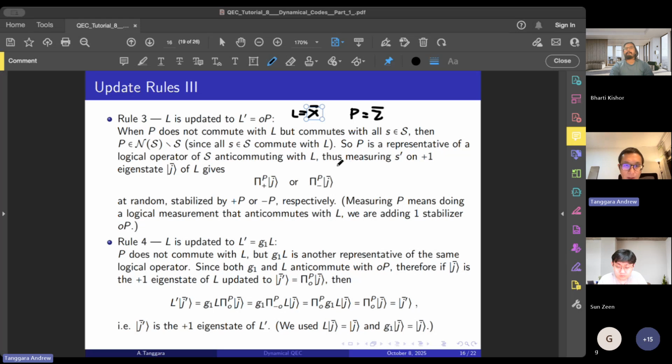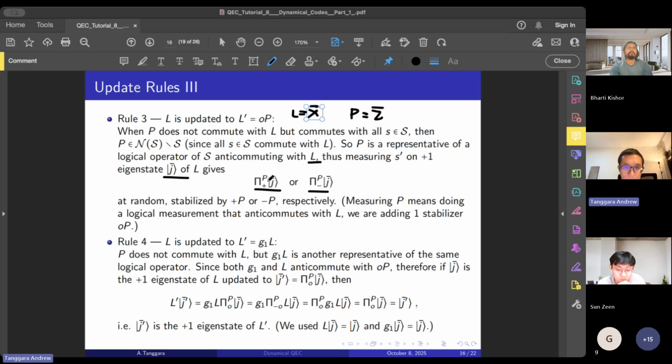So what we're gonna do here is that if this J bar is the plus one eigenstate of this logical L, then I project that onto P. Depending on which outcome I see, because it anti-commutes with this L, it depends on what logical state I have at that point.